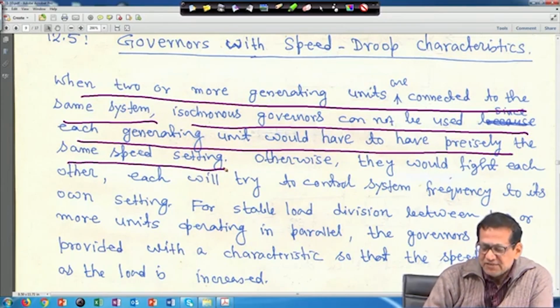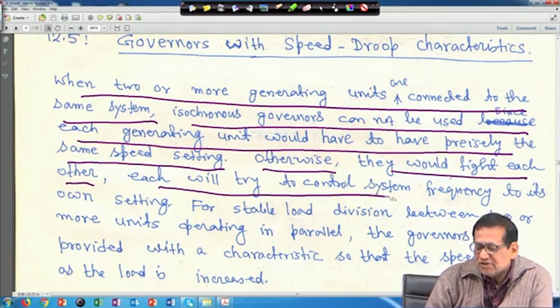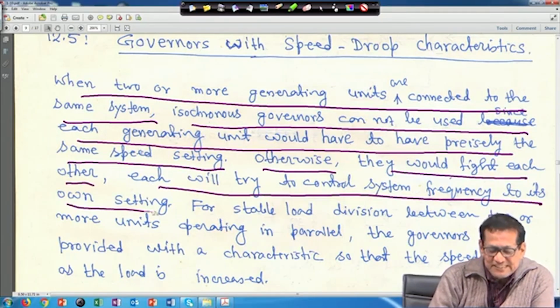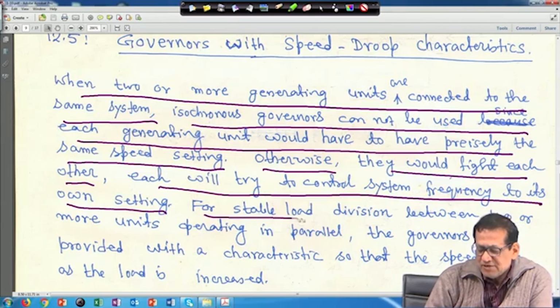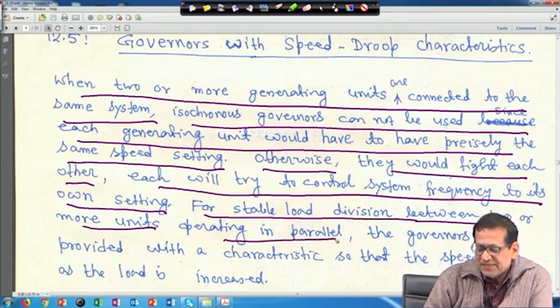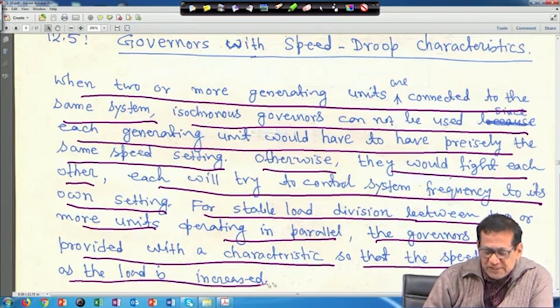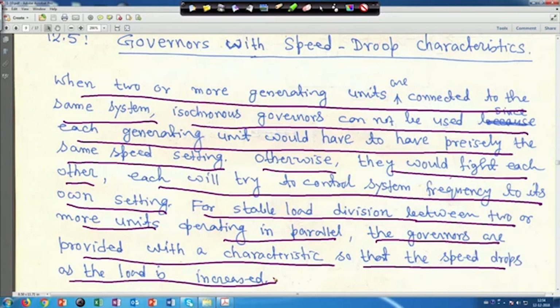Otherwise, they would fight each other. Each will try to control system frequency to its own setting. For stable load division between two or more generating units operating in parallel, the governors are provided with a characteristic so that speed drops as the load is increased. So, some additional feedback is required, then only things will be balanced.